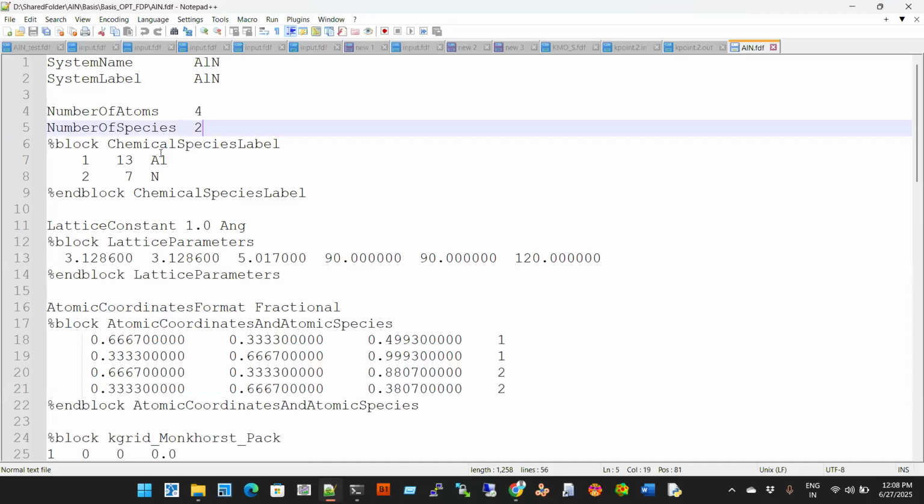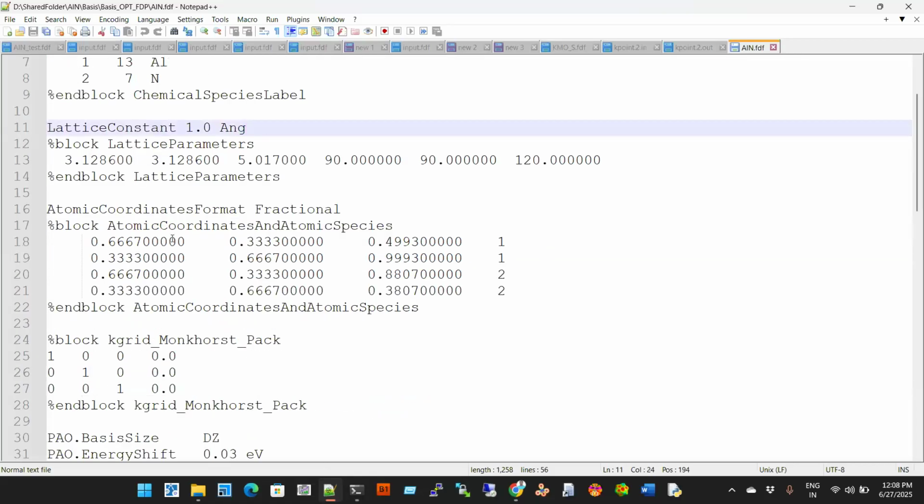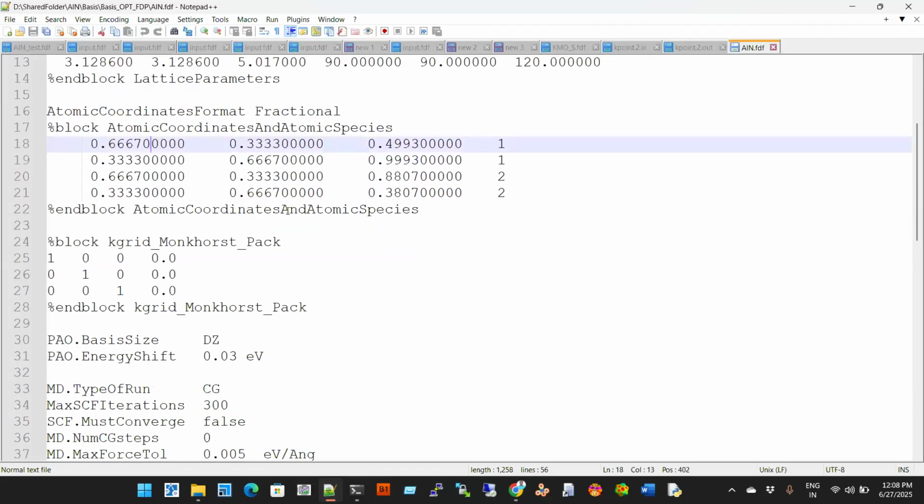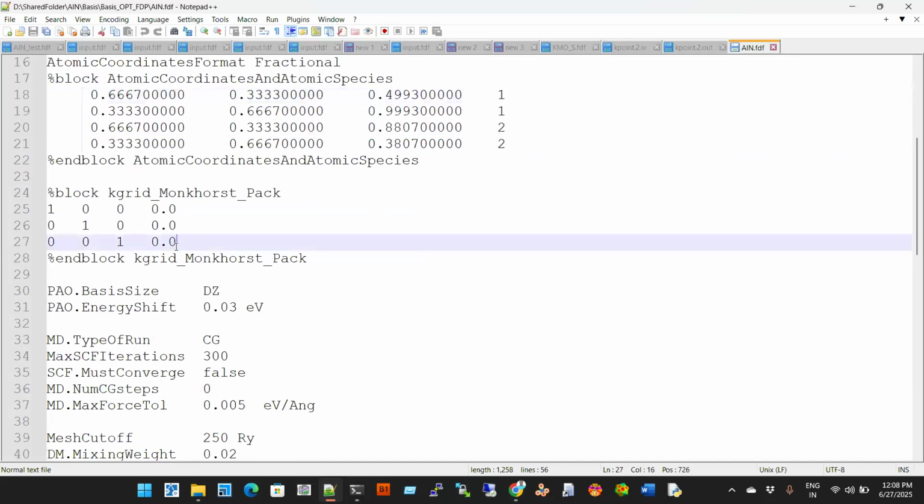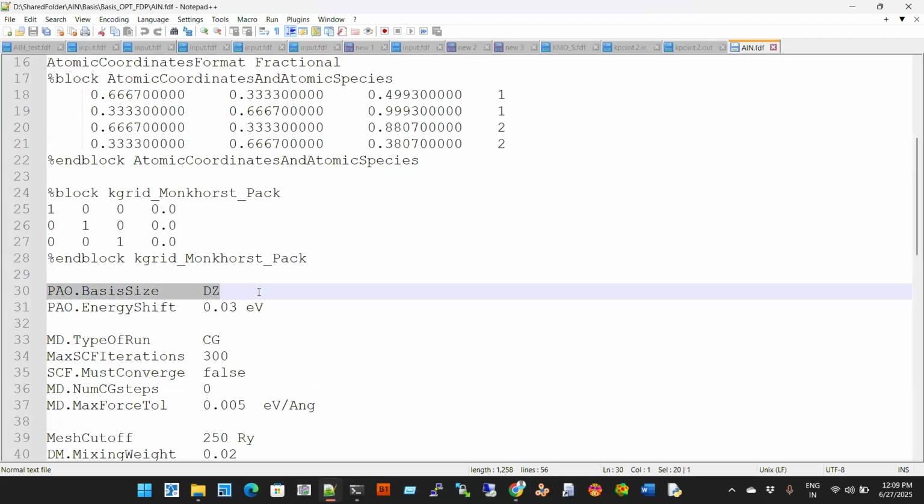These are the chemical species levels and their atomic numbers. And this is the lattice constant, lattice parameters. And these are the coordinates of the atoms where the atoms are located. And this one is the basic K grid Monkhorst-Pack.